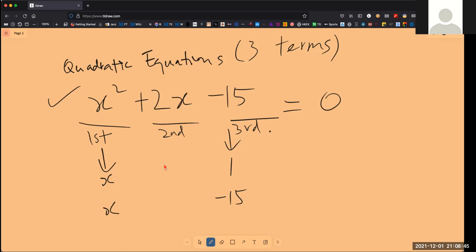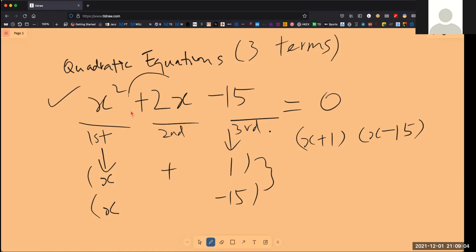But you have chosen 1 and negative 15, and then you bracket it up, and you realize if you multiply these two together, do you get the plus 2x? No, I don't think so. If you don't get the plus 2x, that means this combination does not work. So you have to choose another combination.